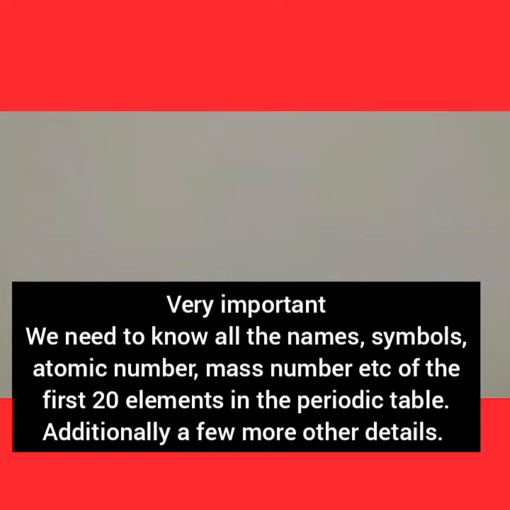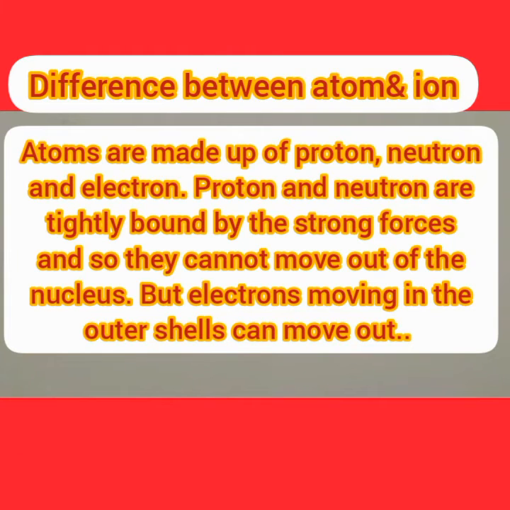Then the next important part, and really this is very important for our forward movement, is the difference between ions and atoms. Here we have to mention the structure of the atom. Even though we are going to study it in detail, initially we have to understand that there are three types of subatomic particles in an atom: neutron, proton, and electron. Out of these three, the neutron doesn't have any charge.